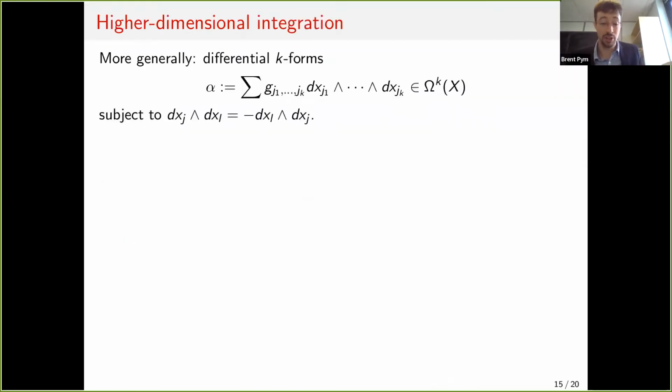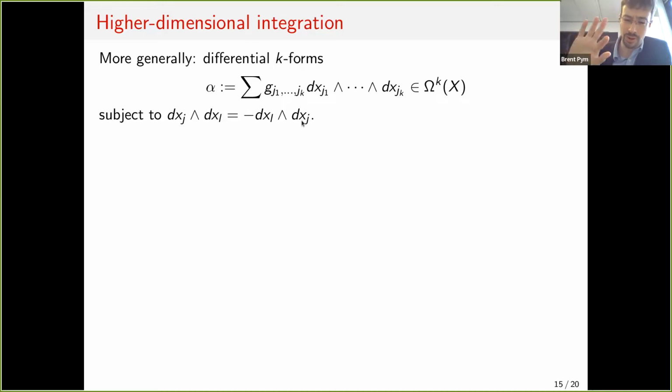And there are higher dimensional analogs of this as well. So there's a notion of a generalized, or a differential, k form, where this is supposed to be something which you integrate over a k-dimensional object. So it has now k dx's, and you take linear combinations of those with some function coefficients, but with a funny rule that if you multiply dxj by dxl, that's the opposite sign from multiplying dxl by dxj.